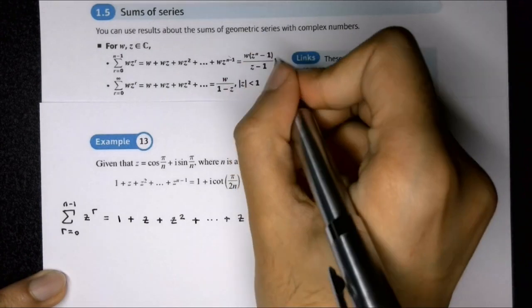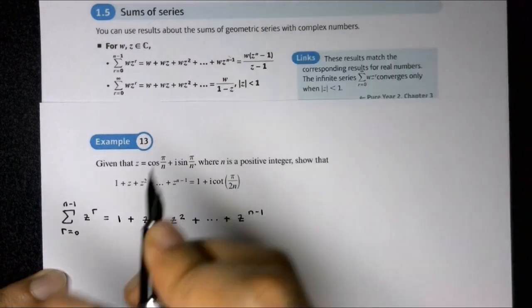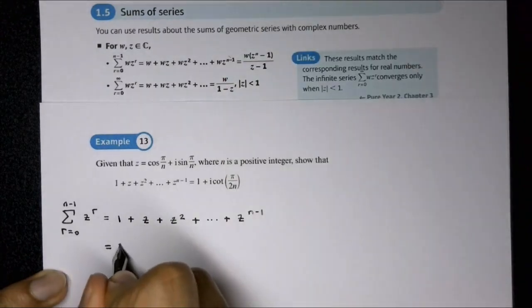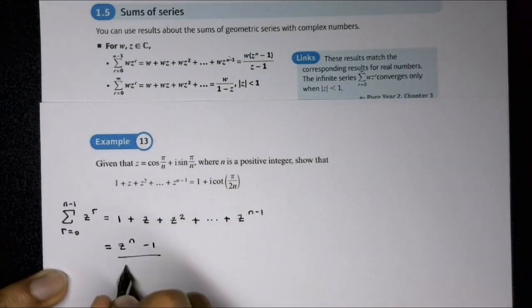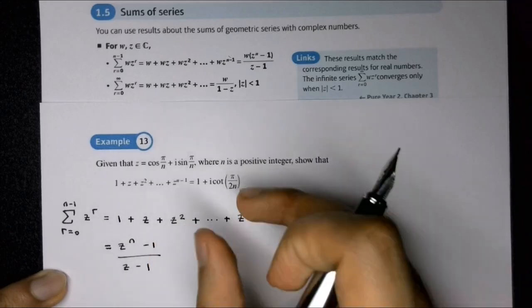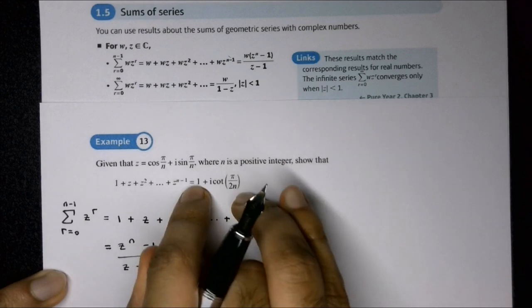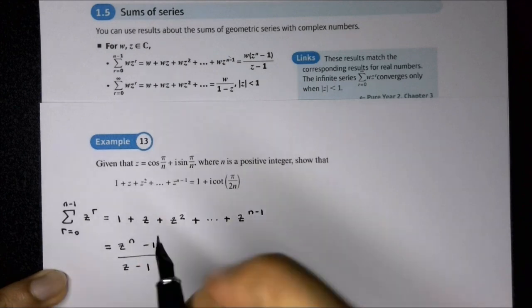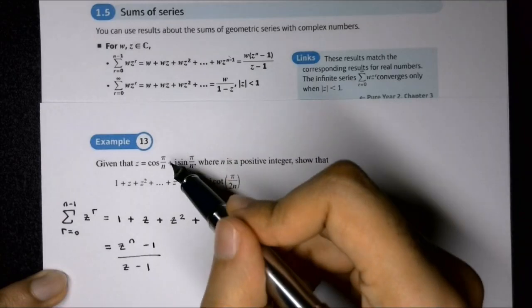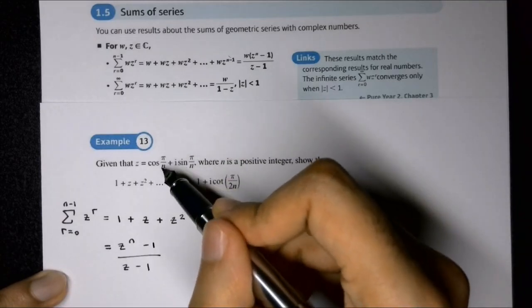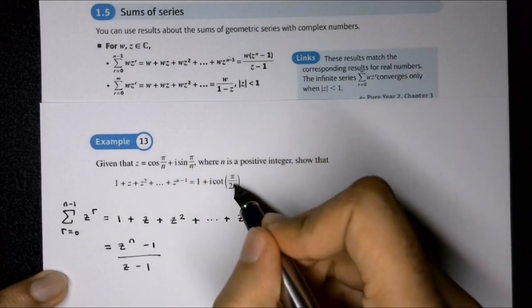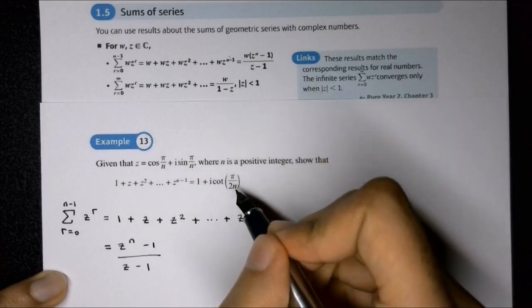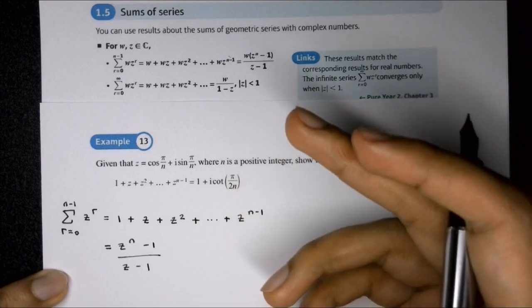And if we use what we have over here with w equaling 1, this is equal to z to the power of n minus 1 over z minus 1. And our goal is to get this bit to look something like this. Now, straight away you can probably spot the argument of z is equal to pi over n. But over here we've got a pi over 2n. So that already makes things a bit more complicated.